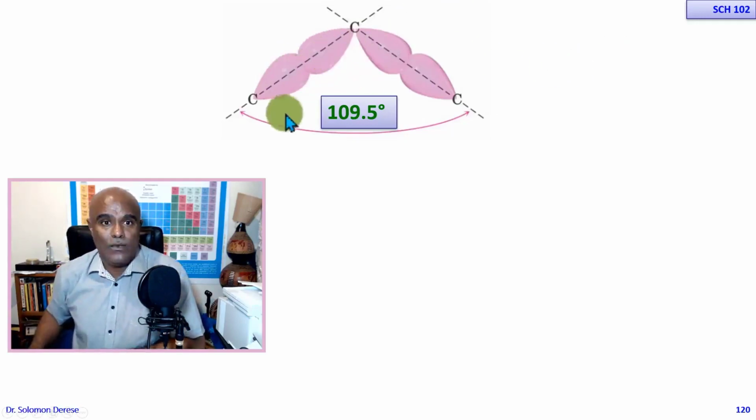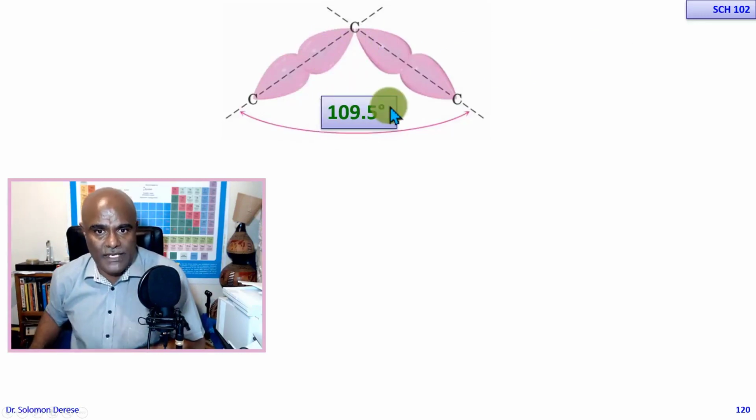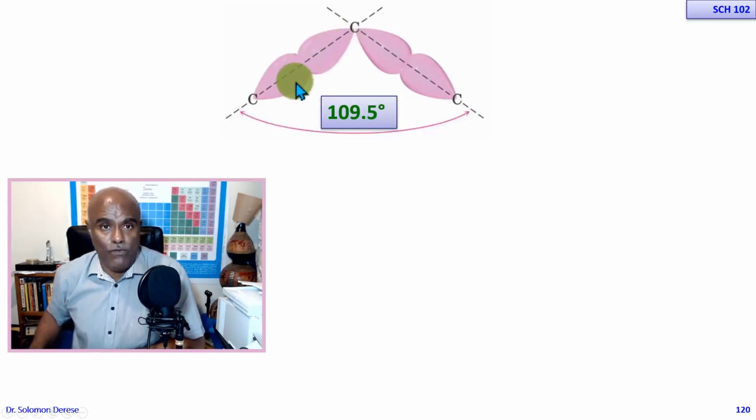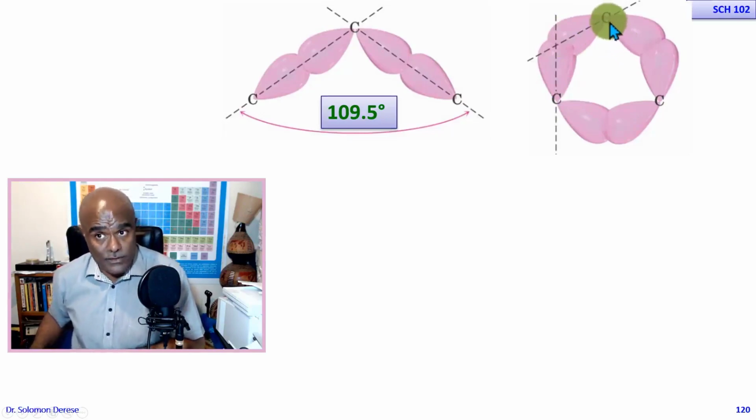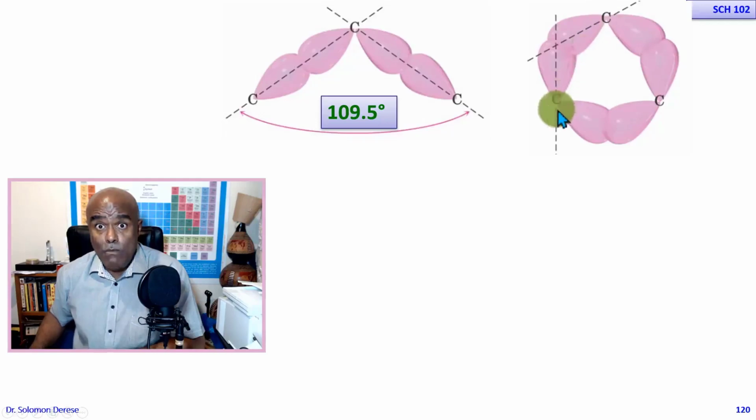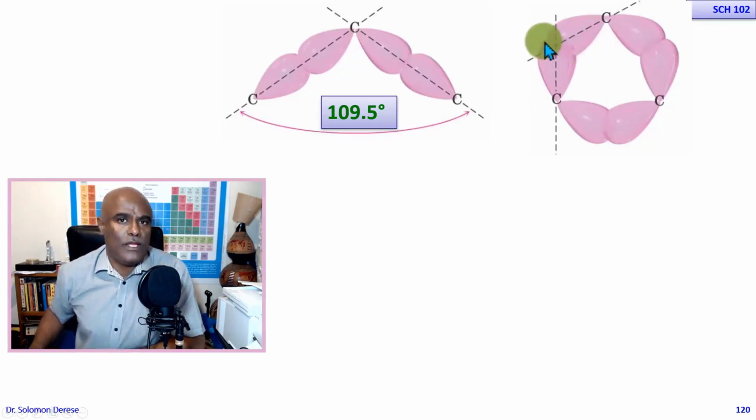So when the angle is reduced from 109.5 degrees to 60 degrees, it forces these sp3 hybridized orbitals to bend like this. That's the only way we can have an angle of 60 degrees. Then, as you can see, the nucleus of one is here, the nucleus of the other is here. If you draw a line that joins the two nuclei, you will see most of the electrons of the bond are above the nuclear axis.